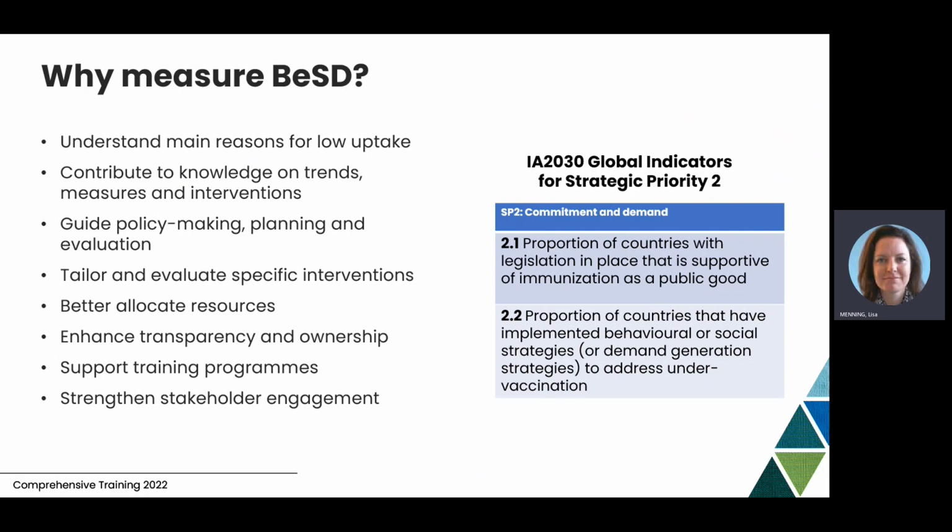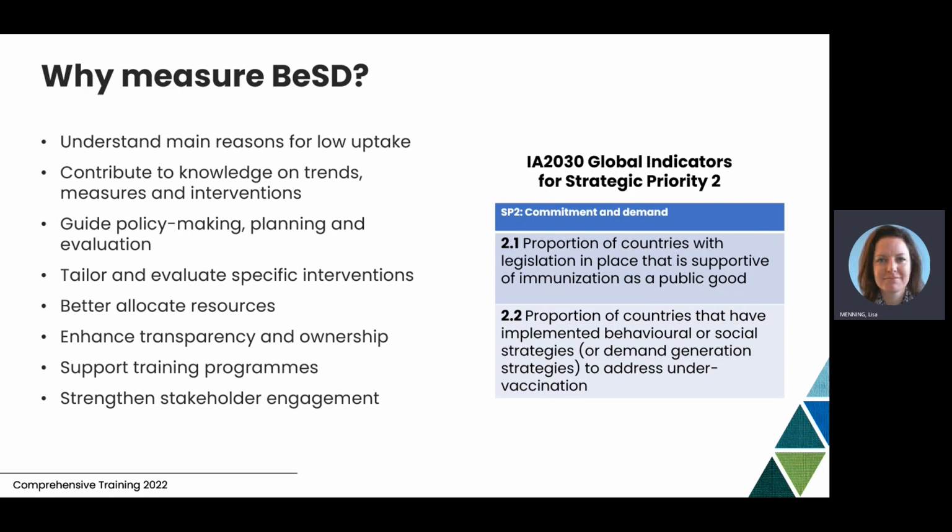And the data can be used for policy making, planning, for evaluation, for allocating resources, and the data can be importantly shared with other program partners and stakeholders to enhance a common understanding of what these issues are and the corresponding actions that are needed to be taken.